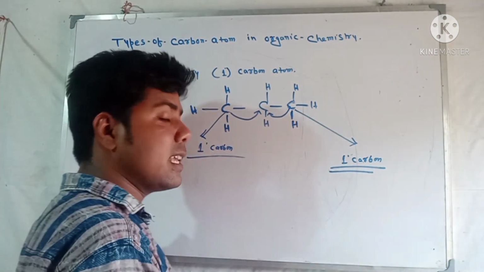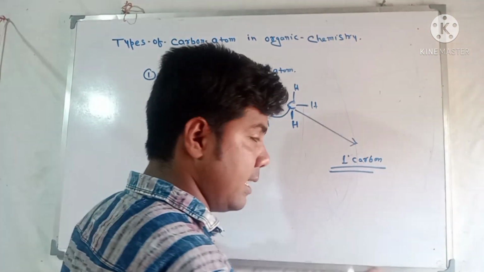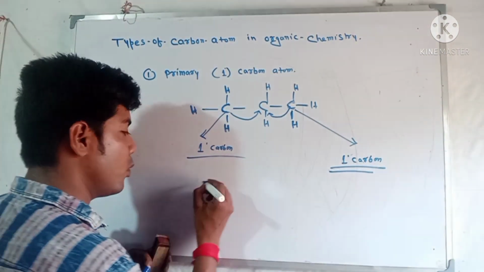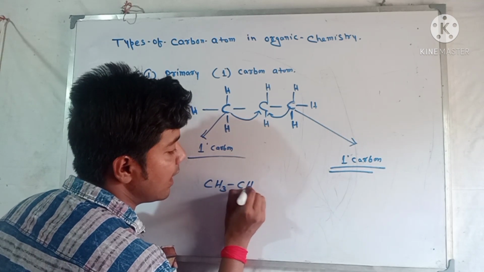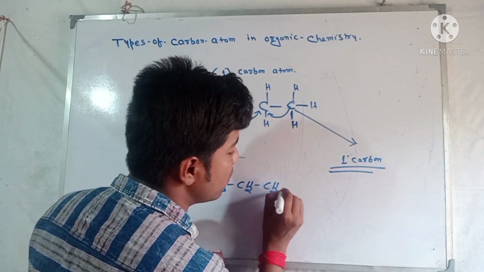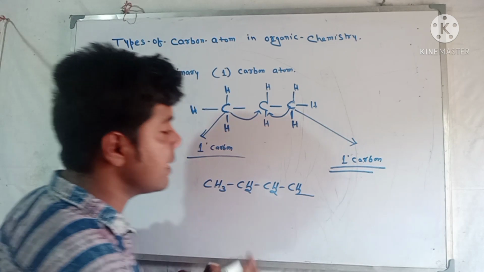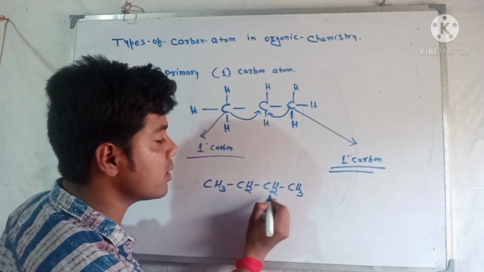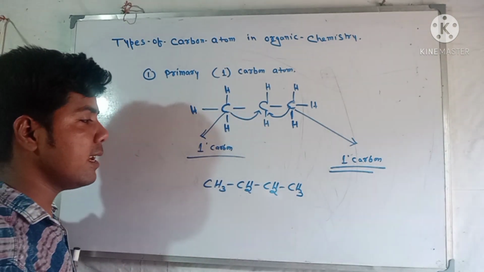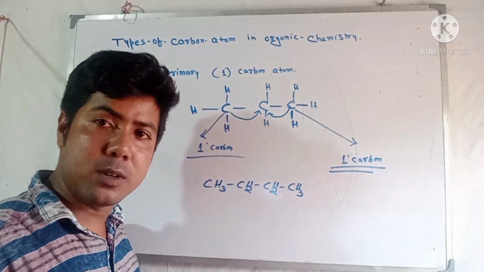Another example: CH3, CH2, CH2, CH3. How many primary carbons are here?